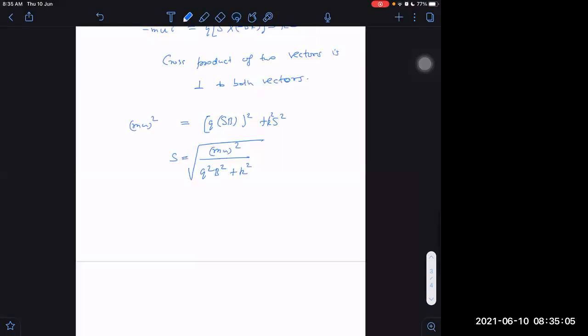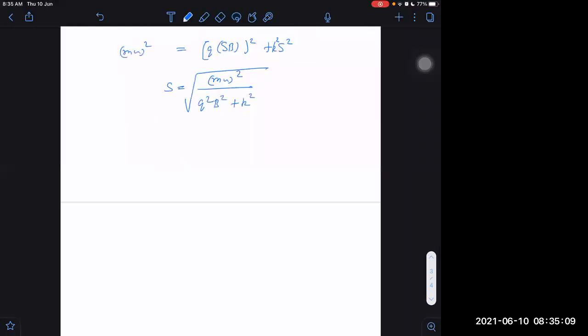For direction, what do I need to do? I need to write S as Sx i cap plus Sy j cap plus Sz k cap.